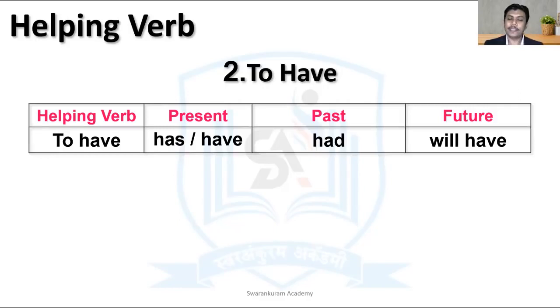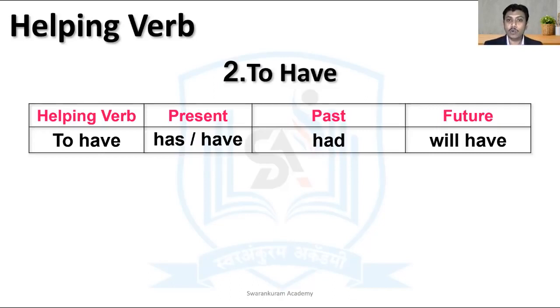Let's try to understand. You need to understand one thing: to have in present is has and have. There are two different verbs, has and have. You need to note down one simple rule. When a subject is a singular noun or the pronouns he, she, and it, we use has.